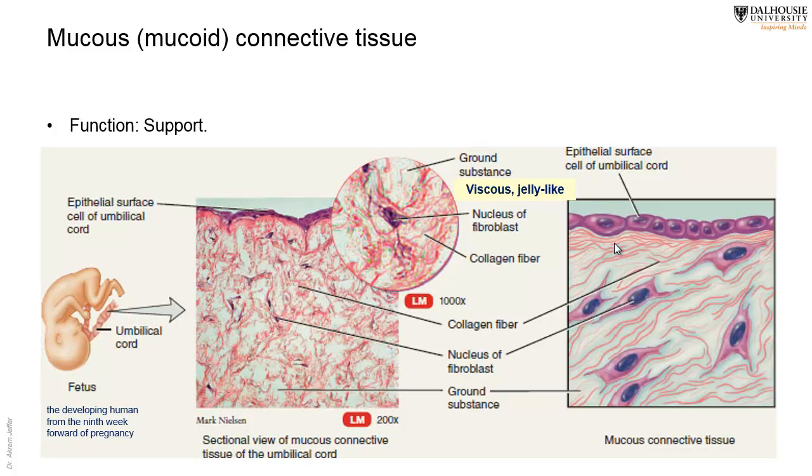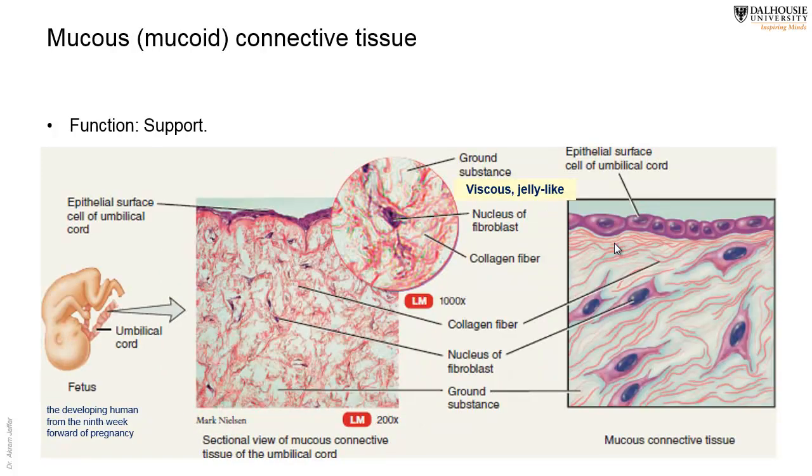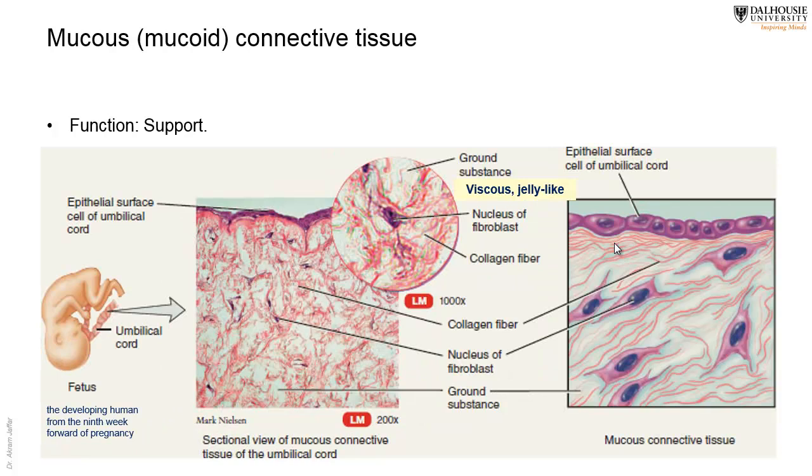So we have two types: the first appears in the first 8 weeks of gestation and is called the mesenchyme, and the second is the mucoid or mucus connective tissue present from 9 weeks onwards, and it is jelly-like. This doesn't mean that the entire connective tissue of the embryo at that time is only mucoid, because the mesenchyme is going to develop into the remaining types of connective tissue, and these are going to form organs. This is the period of what we call organogenesis, development of the organs.